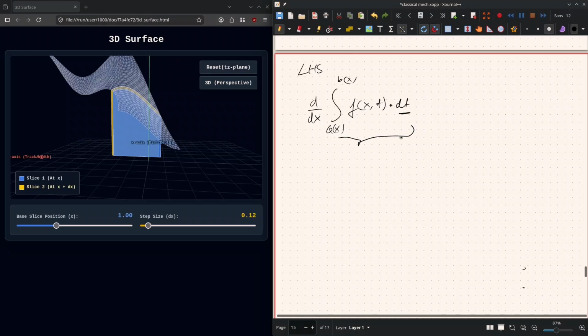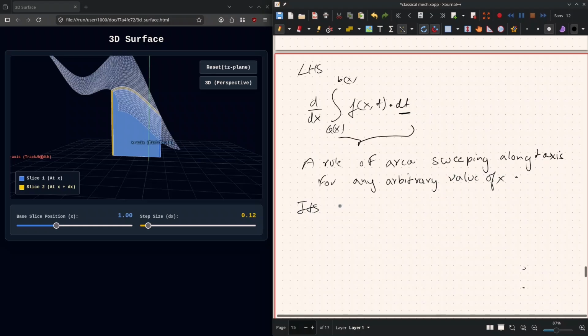What this integral actually spits out is a rule of area sweeping along the t-axis for any arbitrary value of x.